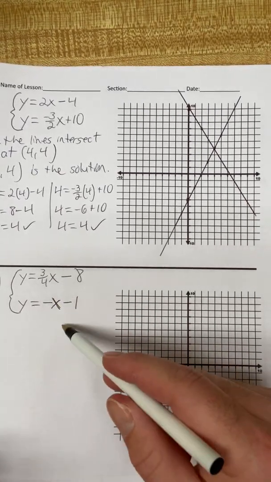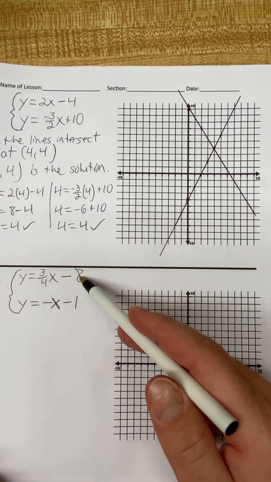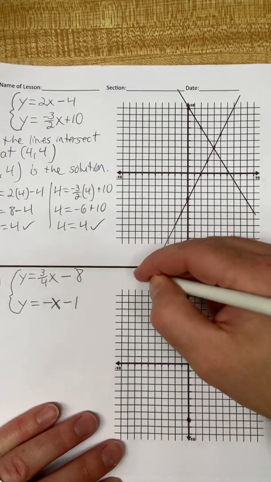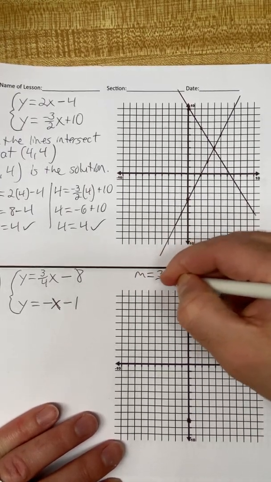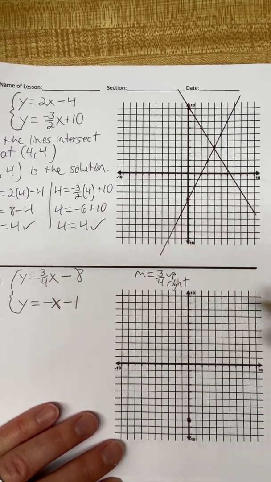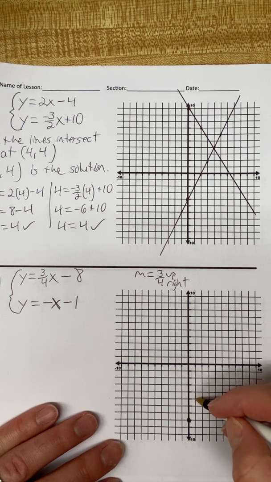Moving on to number 2, I have y equals 3/4 x minus 8. Again, we're always going to start at the y-intercept, so -8. My slope is 3/4 here, so it's always your vertical change divided by your horizontal change. I always like to work left to right. That way I know with a positive slope, I'm going up and right.